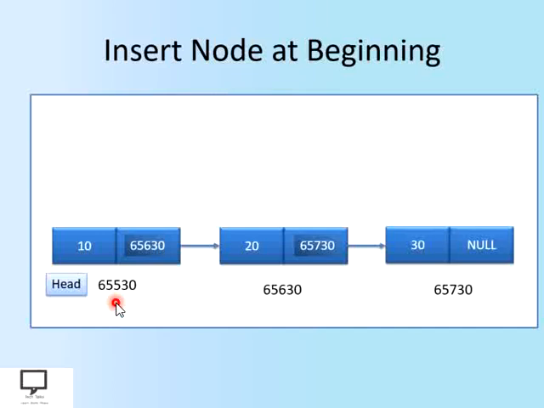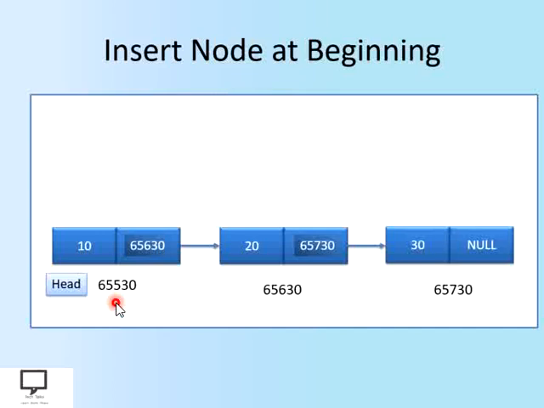If you want to know more about how to create a linked list, that I have already explained in the operation, creation and the traversal of the singly linked list. So I hope all of you are knowing all these concepts, and then you will be able to perform the insert node operation in the linked list.